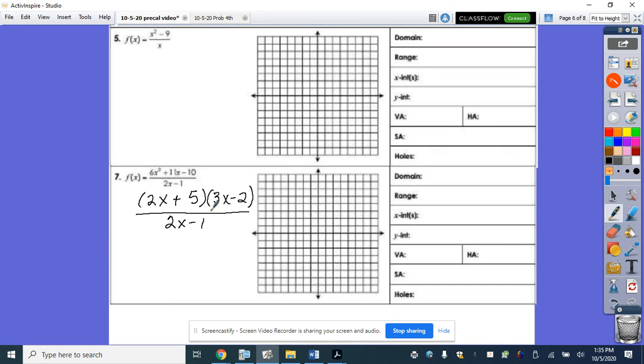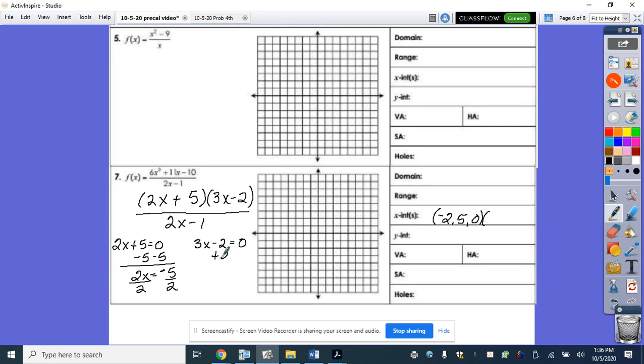Okay. All right, so for my x-intercepts, I need to set the things on the top equal to 0. And I'm going to solve. So subtract 5 and get 2x equals -5. Divide by 2. So I have one intercept at -2.5.